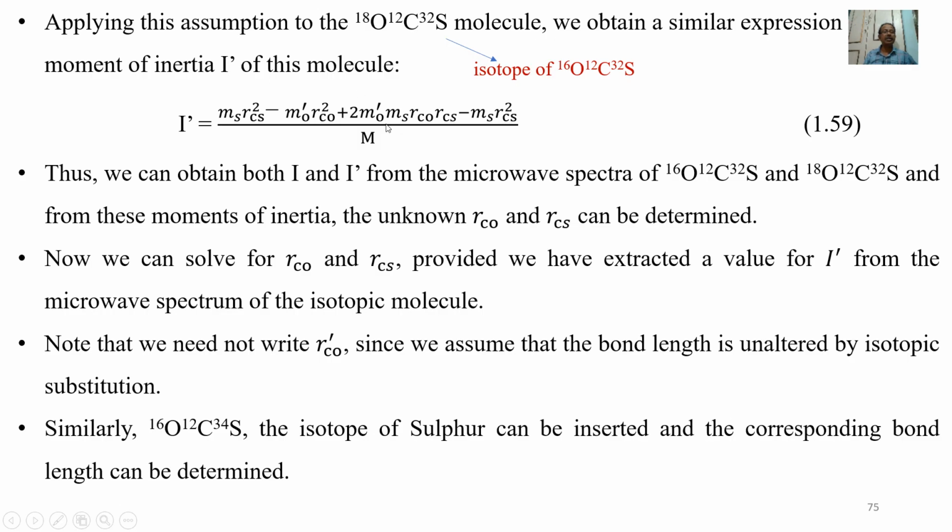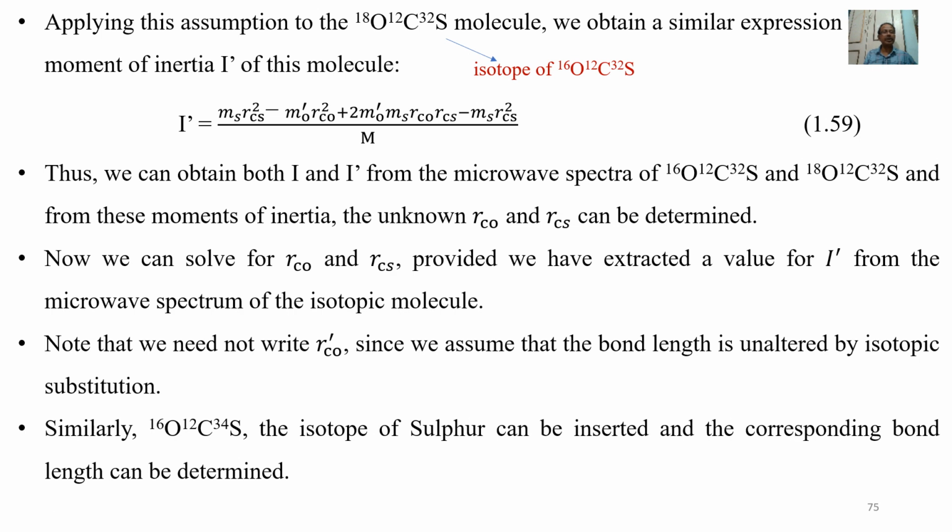Here we have considered r_CO as r dash CO because the bond length will never change with the substitution of isotopes. We know already. So we have not written here r dash CO and r dash CS. We have written as it is, whereas for the m_O value it changes. So m_O is changed with the isotopic mass.